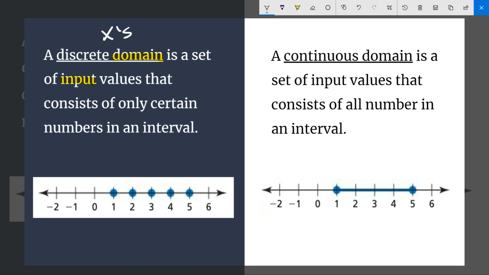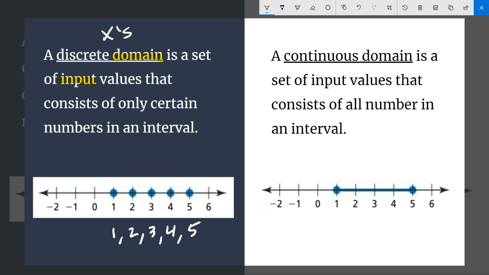So these number line graphs, we're looking at the interval of the values from 1 until 5. But on the discrete domain graph, we don't have all of the values 1 through 5. We only specifically have 1, 2, 3, 4, and 5 that have been graphed on this number line.